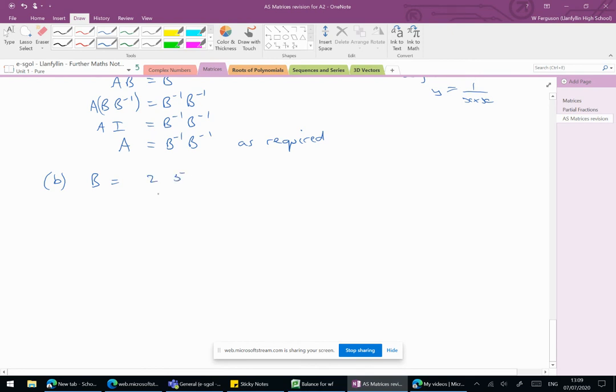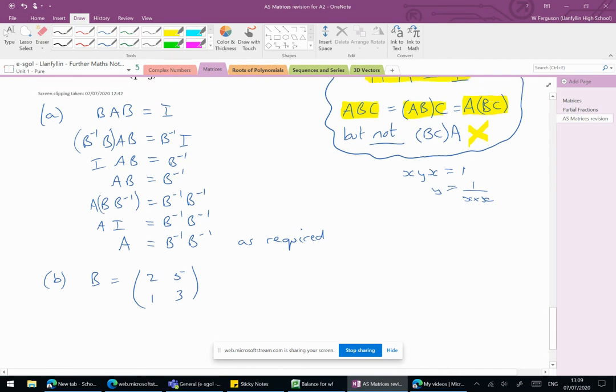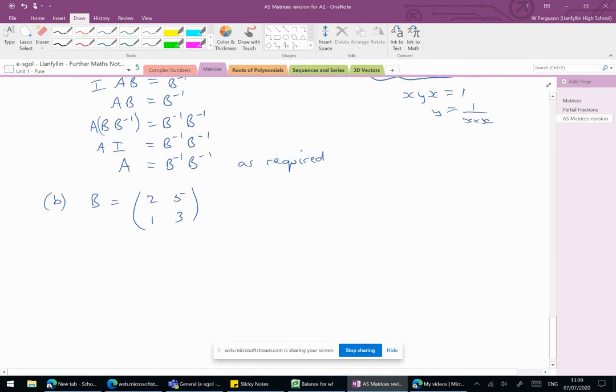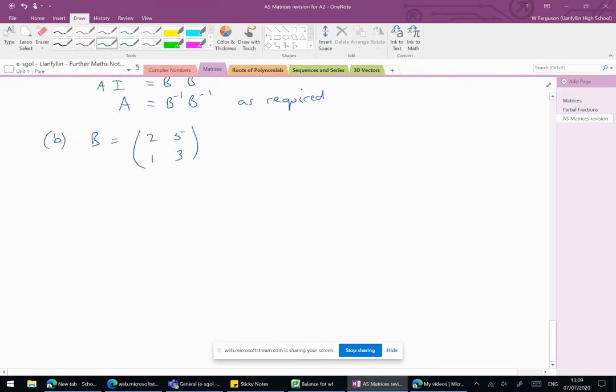And in order to find A such that BAB is equal to I, I can take my result from part A of the question, and refer to that.